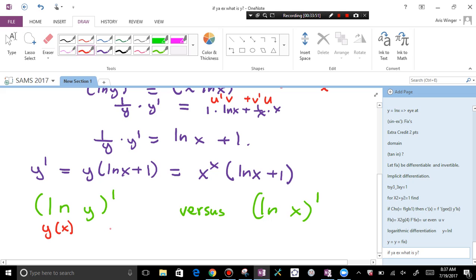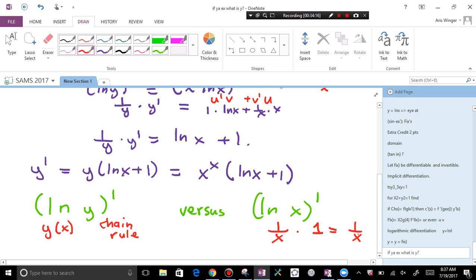So y depends on x. And so here it is the chain rule. And here you can use the chain rule as well, right? So the derivative of the natural log of x is 1 over x times the derivative of x, which is, what's the derivative of x? 1. And so it's just 1 over x.